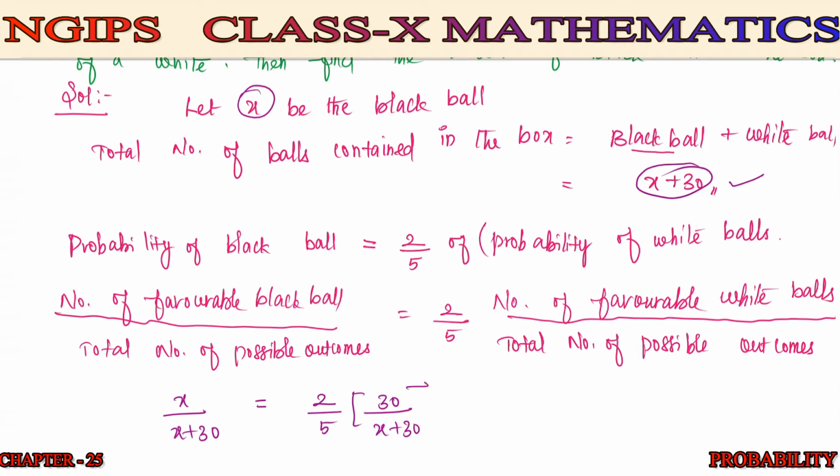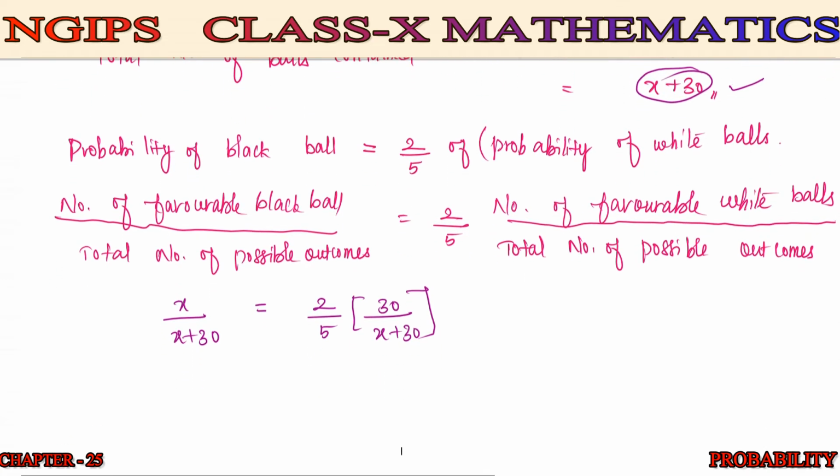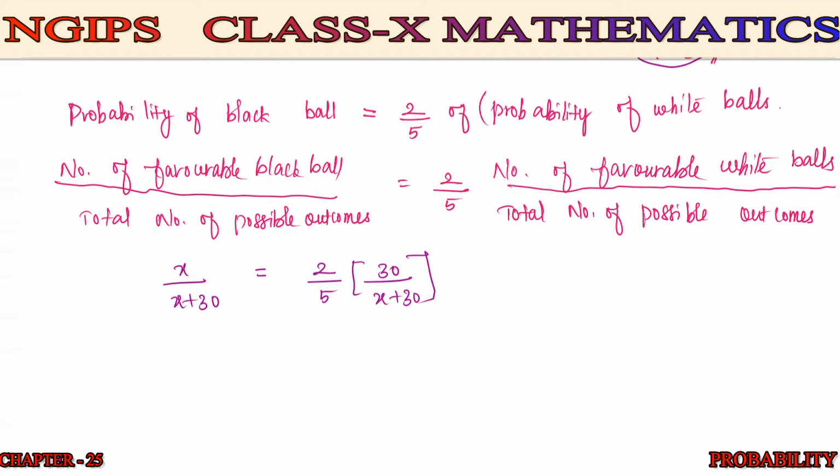Now we have to simplify this expression and find the value of x. This term is in the denominator, right? So it is in division. When you shift it to the opposite side, it becomes multiplication. So 2/5 into 30 divided by x plus 30, into x plus 30.